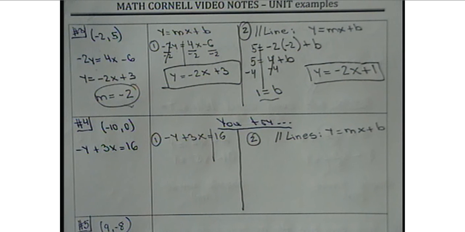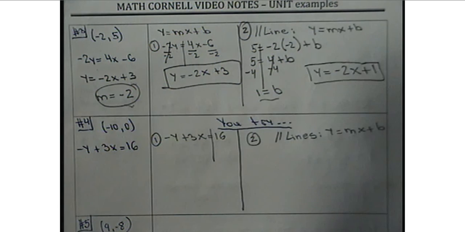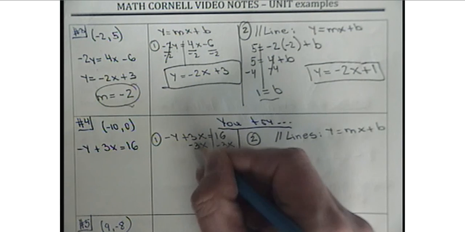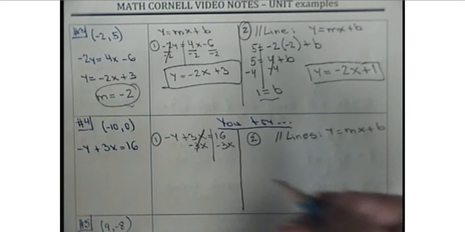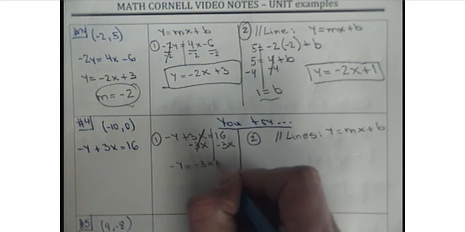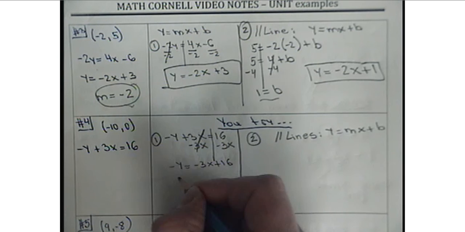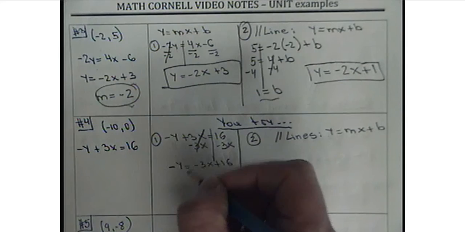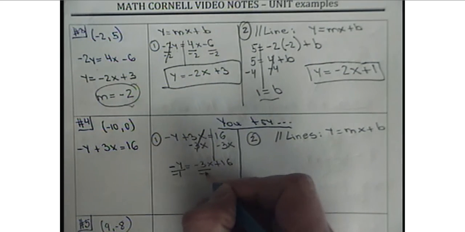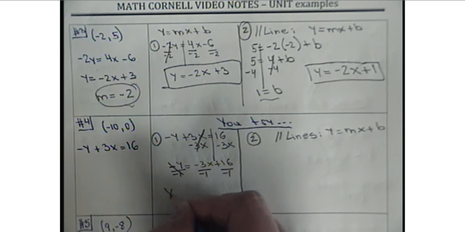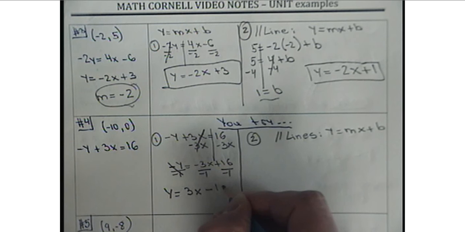Welcome back. So I'm going to work on the example, and I will say minus 3x. Solving for y, we want to get rid of the x term first, so negative y is equal to negative 3x plus 16. Next step, remember when we have a negative variable, we can't leave it like that, we've got to divide each one of those terms by negative 1. This cancels, so y will be equal to 3x minus 16.